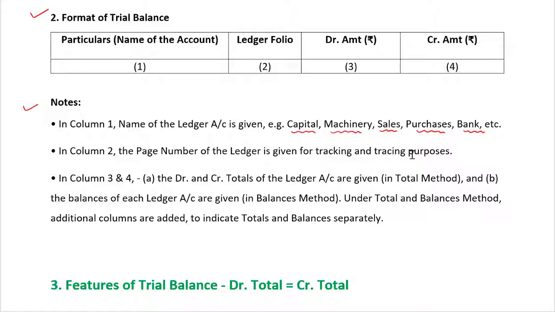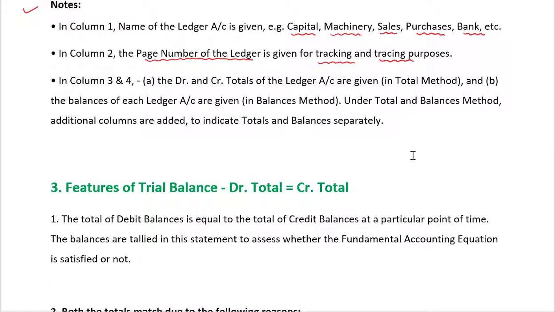In column 2, we have written the ledger folio. The page number of the ledger is written over here to look back at the transaction, to track the transaction. In columns 3 and 4, we have debit amount and credit amount, totals and balances. I believe you must have understood till here.